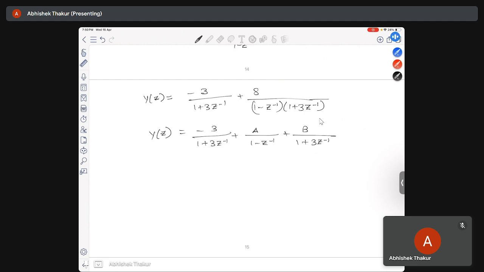After partial fraction, what will be A? The value of A: we multiply with (1 - z^-1), then substitute in 8/(1 + 3z^-1) with z^-1 equal to 1. So we get 8/4, that is equal to 2.